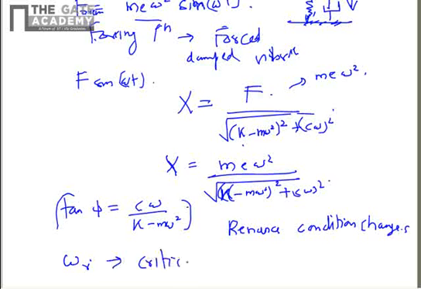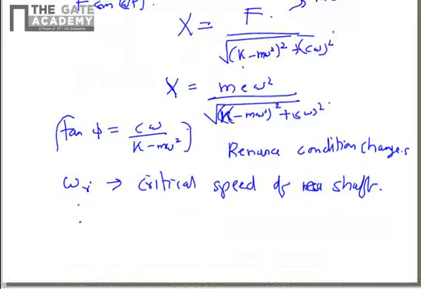This is called the critical speed of the shaft. So for a given machinery, with a given damping and spring attached, you have the rotating components, and when the rotating components rotate at a particular critical speed, resonance occurs. That speed is called the critical speed of the shaft, and it has to be avoided to prevent resonance.